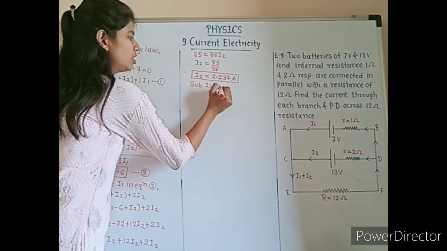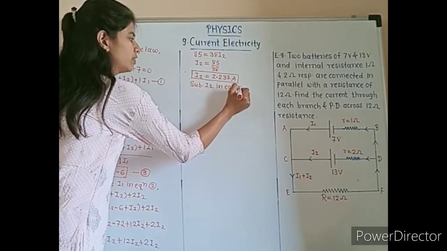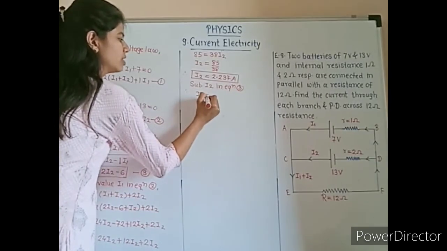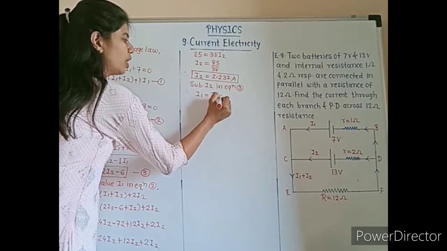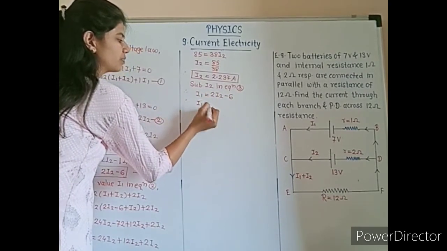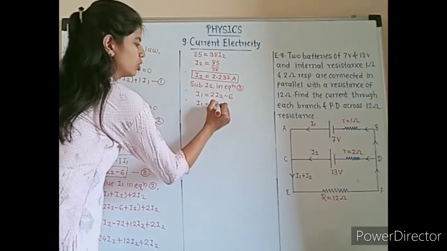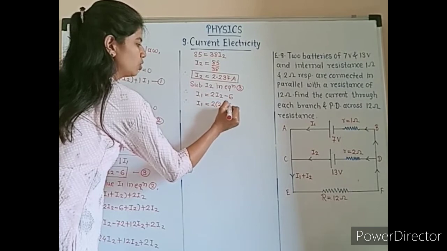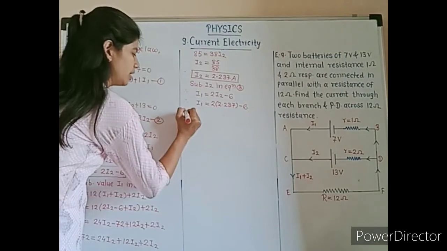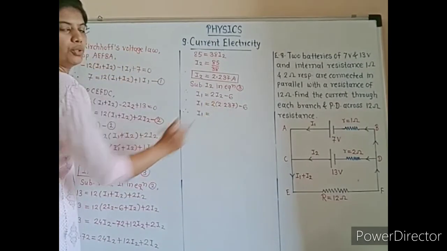Hence I1 is equal to 2 into the value of I2, 2.237, minus 6.